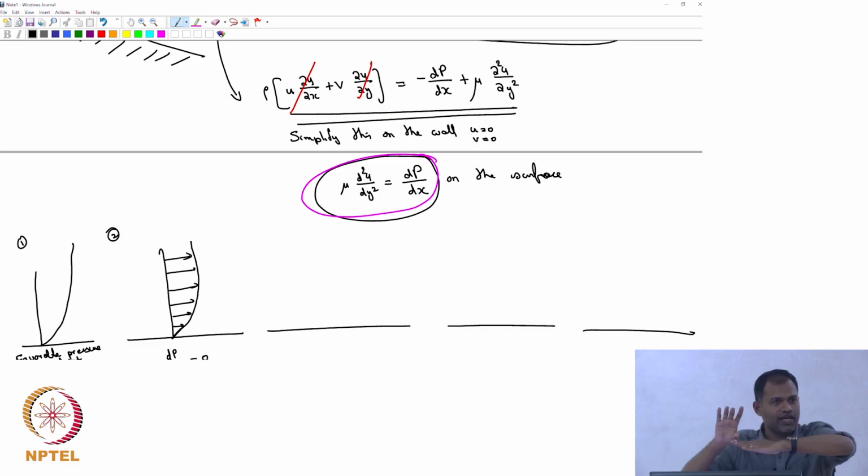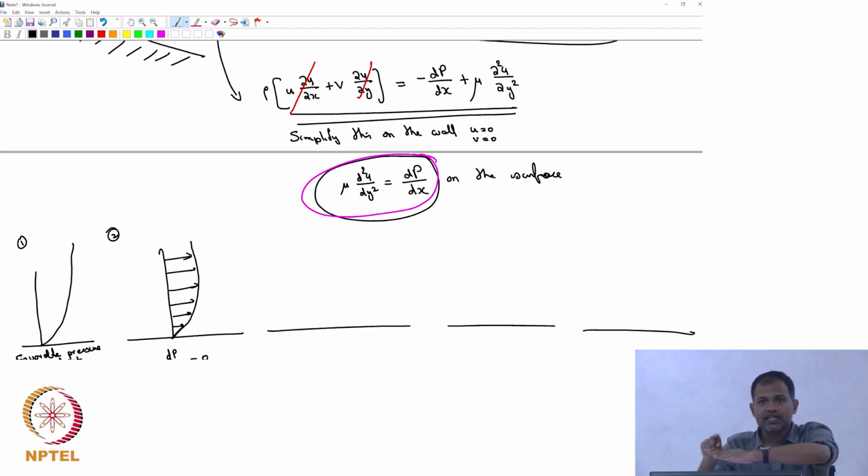Let's say this is the plate. You have a boundary layer, and it is very thin. I am saying that pressure variation across the boundary layer is very small. That means if I know the pressure gradient outside, I will know the pressure gradient inside also. If it is 1 atmosphere, 1.5 atmosphere, it will be 1 atmosphere and 1.5 atmosphere inside also, because pressure is not changing across y. Knowing the pressure gradient outside will help me tell what the pressure gradient inside the boundary layer is. That's the first thing that I said.